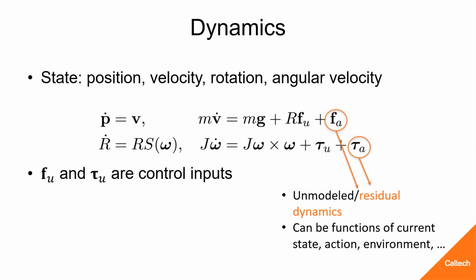Now, when we fly quadrotors next to each other, there's an additional disturbance, which we can just model as residual dynamics. Of course, those functions are somewhat unknown. All we know is that they can somehow depend on the current state of all the robots, or maybe the environment, if there are obstacles like the ground effect, for example, potentially even our own control output.